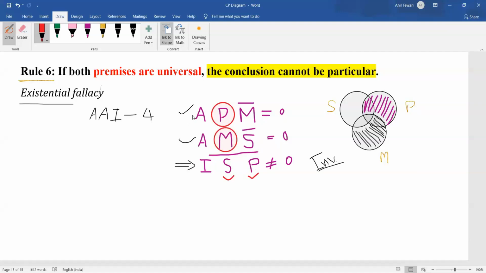The fourth rule says that both the premises cannot be negative, and both are affirmative, so that is also kept. The fifth rule says that if one premise is negative, then the conclusion must be negative, so that is also not the case. Both the premises are affirmative, and the conclusion is also affirmative. So all other rules are followed except rule 6, and therefore this is called existential fallacy. So when this kind of situation arises, you have to write it like that.